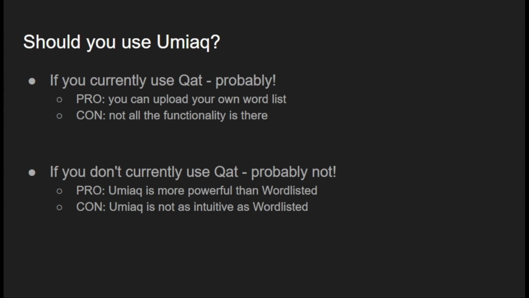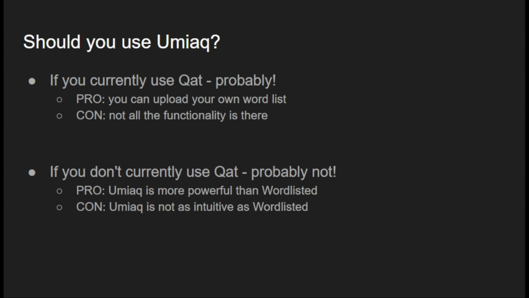So for crossword related purposes, you could use that. But if you have your own word list that you like, that maybe has a lot less crap in it than some other word lists, you might want to switch to Umiaq instead. The con of Umiaq is that not all the functionality of cat is in there, and I will talk specifically about what is missing and what could be added in the future. If you do not currently use cat, Umiaq might not be for you.